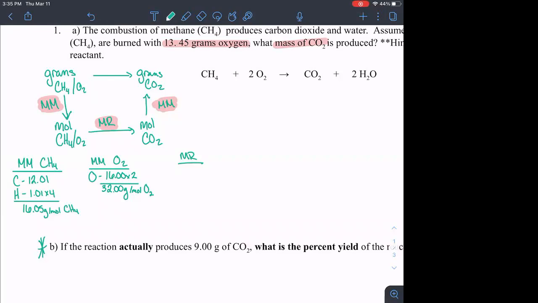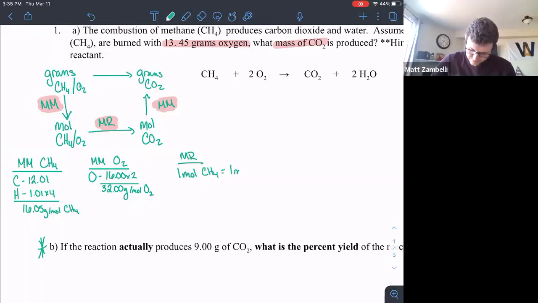One mole of methane and 1 mole of CO2. All right. Do we need any other mole ratios or any other information from anything else? Any other conversion factors before we get started?